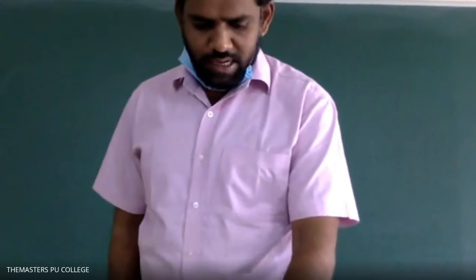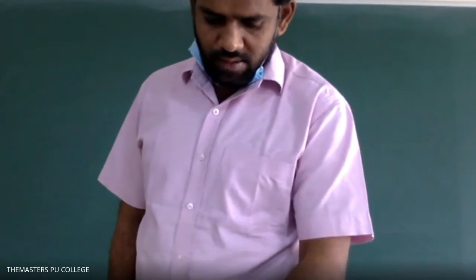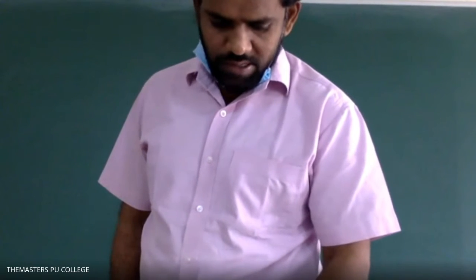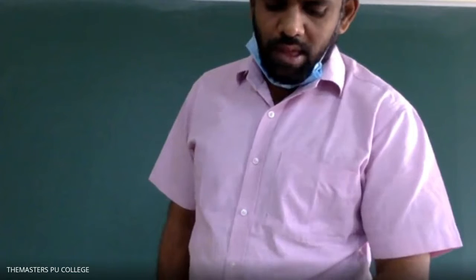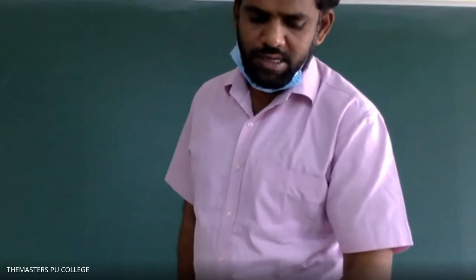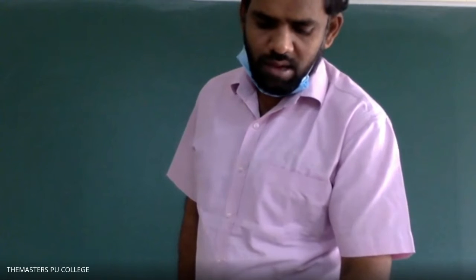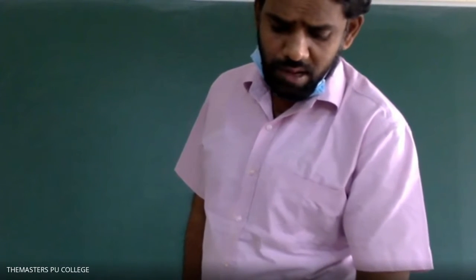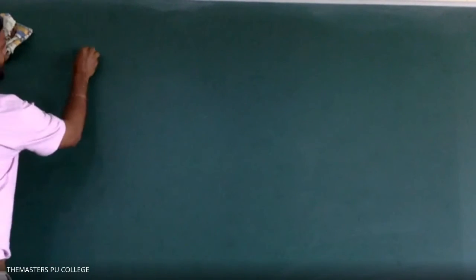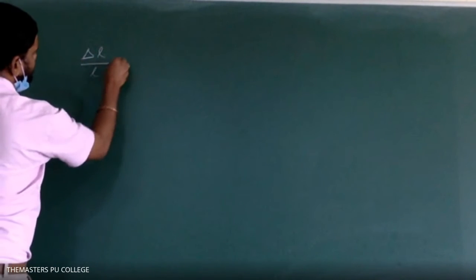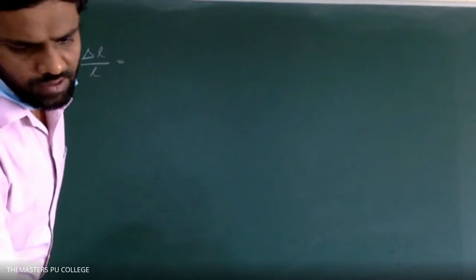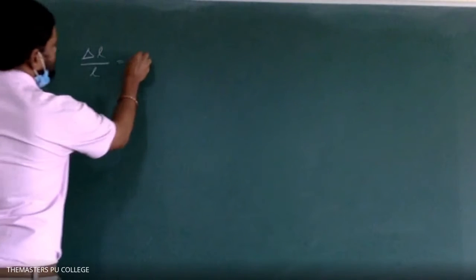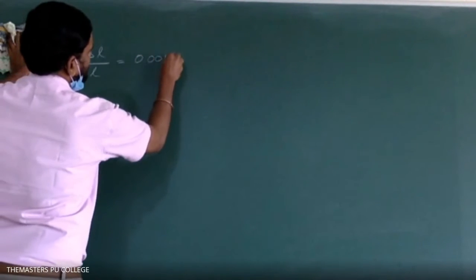As the temperature increases by 10 degrees centigrade, the length of the pendulum clock increases by 0.001%. Hence, they have given the percentage change in length. Find the loss of time of that pendulum. Students, have a look at the problem carefully. Change in length means delta L by L equals 0.001%.